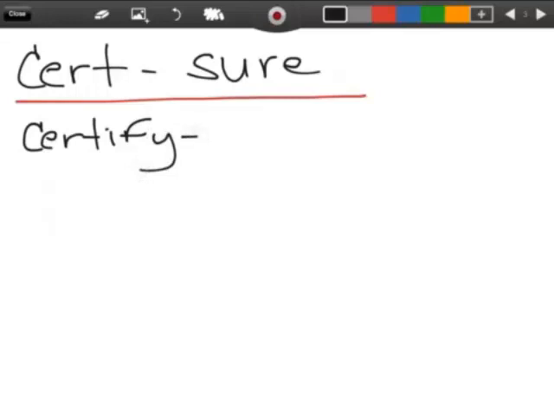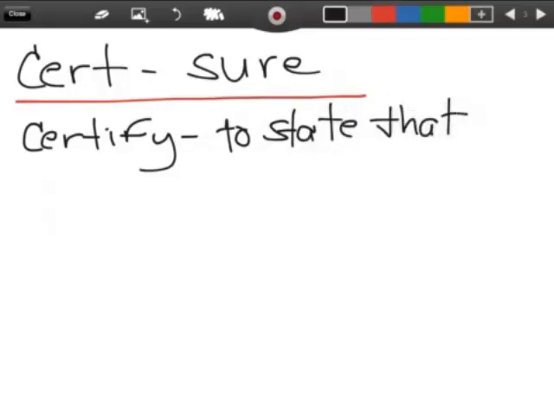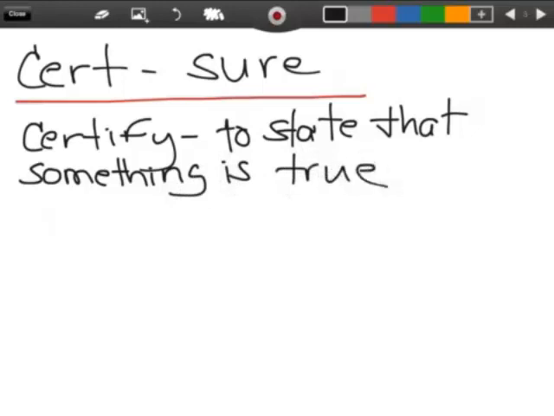Certify. And the meaning of this is to state that something is true.